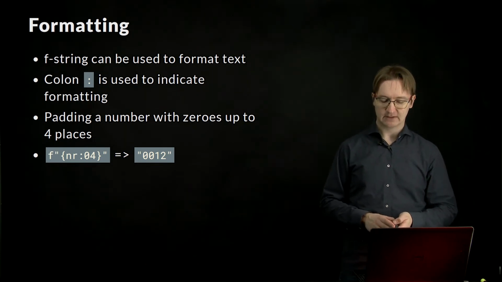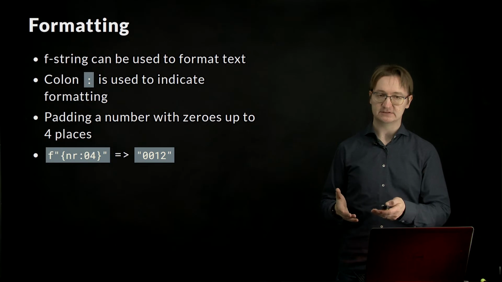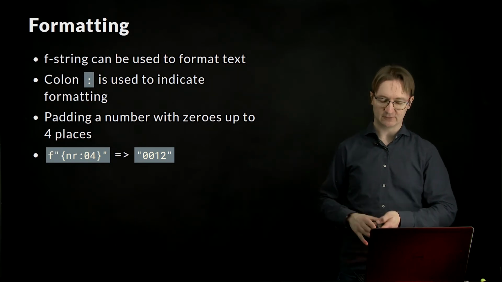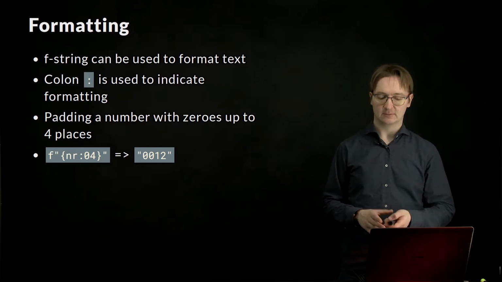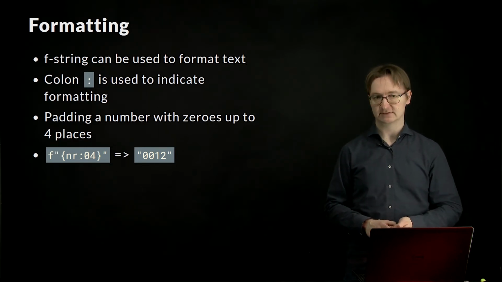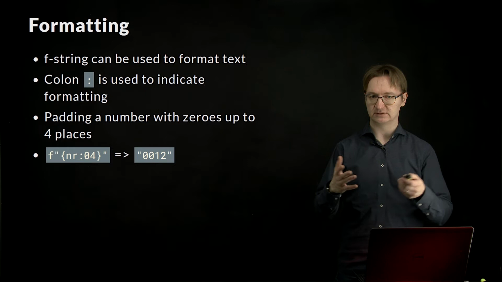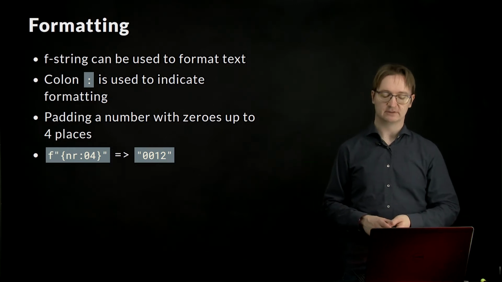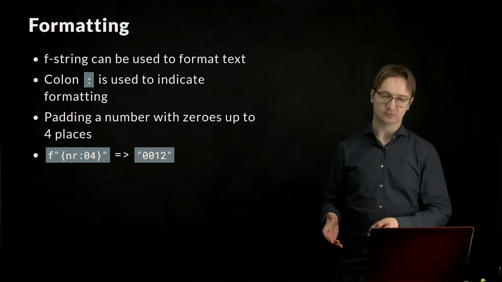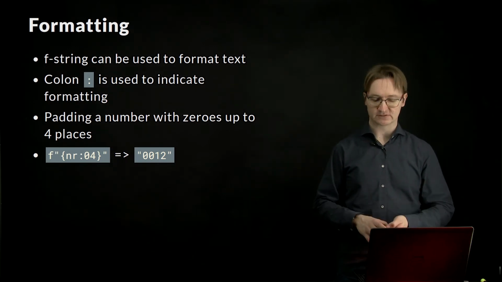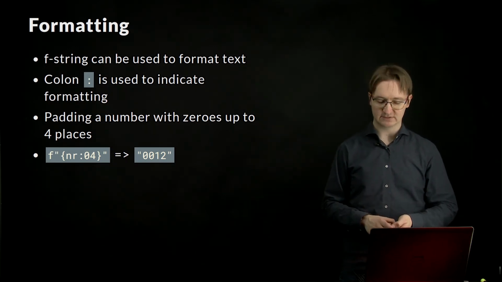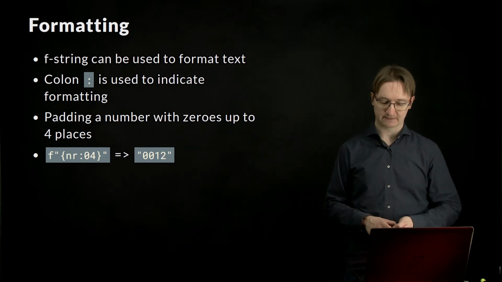So basically what happens is if the value of nr is 12, we will get a string like that. We don't have to deal with, for example, if conditions to see how many zeros we have to put before the string. It's quite easy and a short way to write it down.